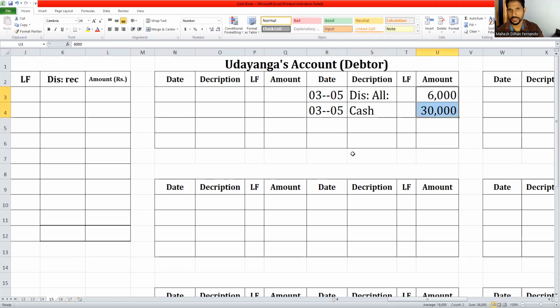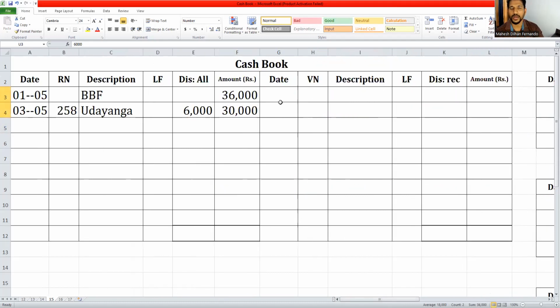The next one, 8th of May, paid cash to settle account of Dharma valued 42,000, received discount 2,000. It's a payment, so in the cash book, the payments are credited. The date is 8th of May. Voucher number 360. We have settled Dharma's account.